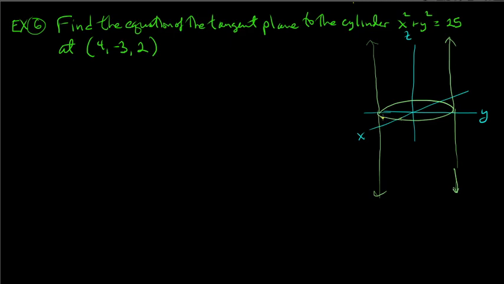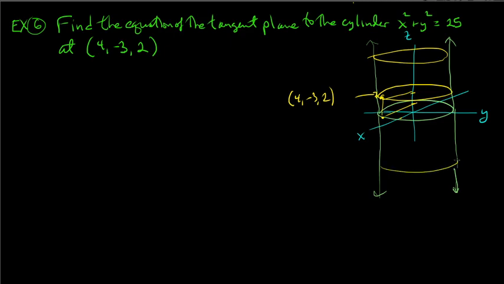So we're talking about the point right here. And of course, z is, let's say, 2, so it's up 2 spaces. That looks about right. So this point right here is the point 4, negative 3, 2, roughly speaking. Yep. So these are the meridians, if you will, on the cylinder. Okay, so we want the tangent plane there.